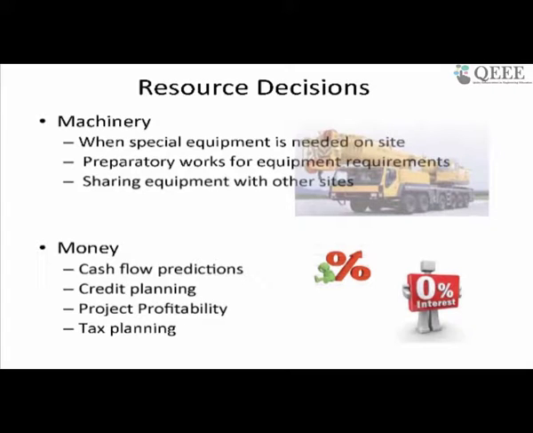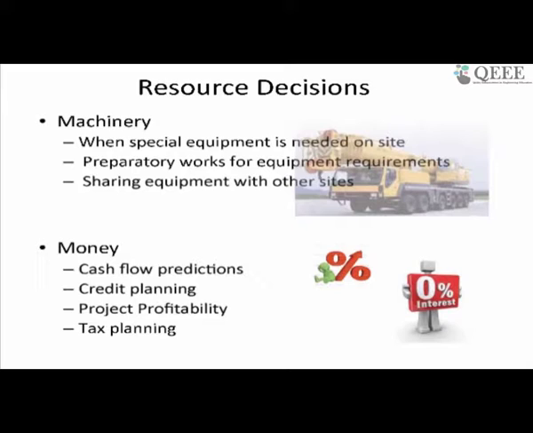So this is a very big issue, especially in our country where we are not very equipment intensive. For example, if you need a heavy crane, you'll have to plan for it months in advance. Otherwise, the crane will not be available when you need it. And if everything else is available and the crane is not available, you cannot proceed. So all of these are critical. We talk about money as a resource, extremely critical.